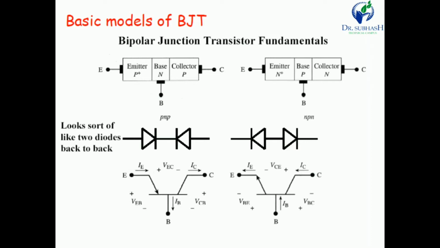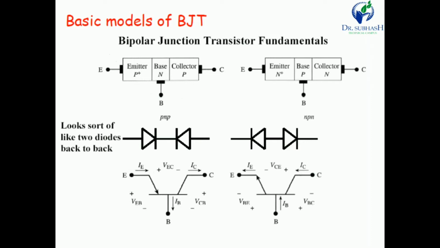Now, this figure indicates how to design a transistor using diodes. A diode is a two-terminal device, with anode and cathode. Inside a diode there is P type material and N type material.